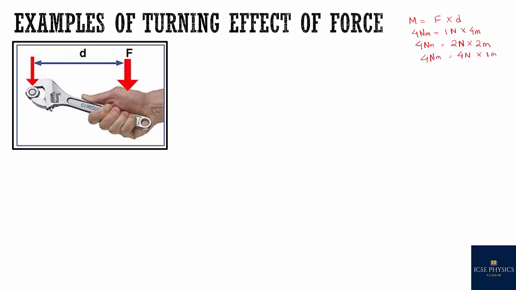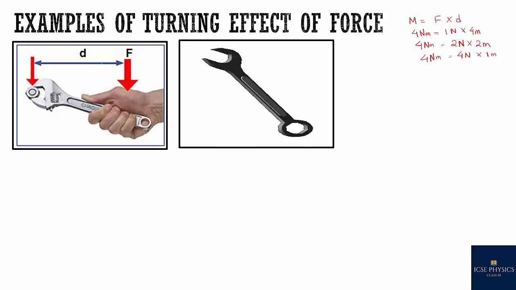So as we can see from these three cases, if less force is applied, then we have to increase the distance between the point of application of force and the fixed point. So here, in order to produce a greater turning effect, or greater moment or greater torque, we increase the distance of application.